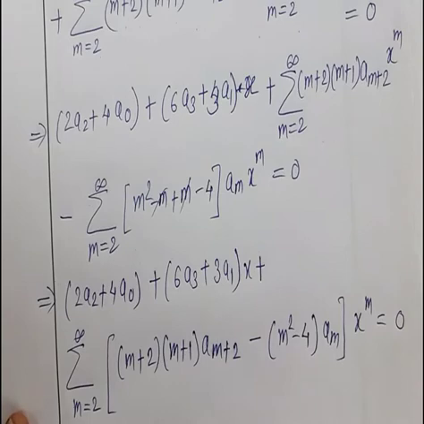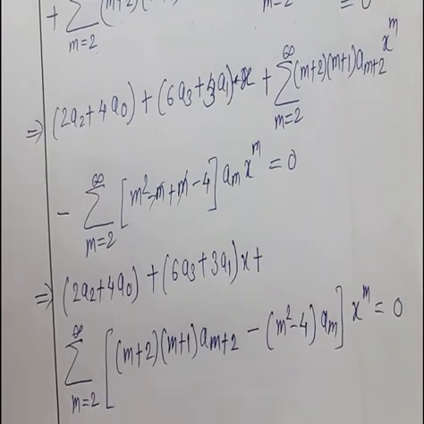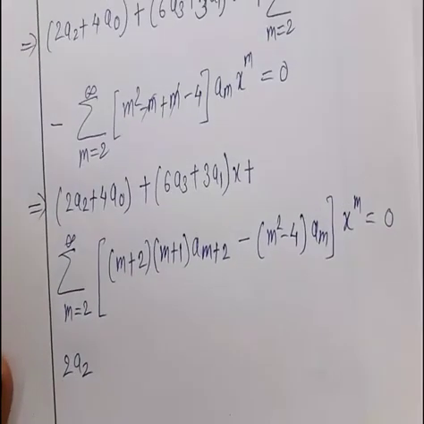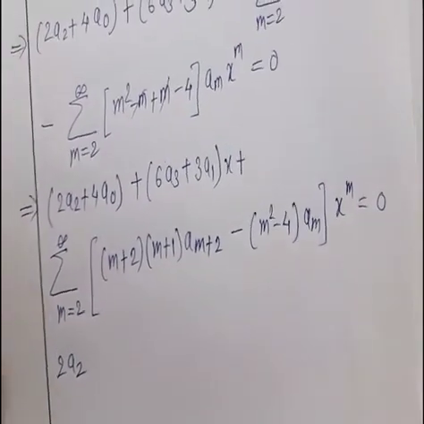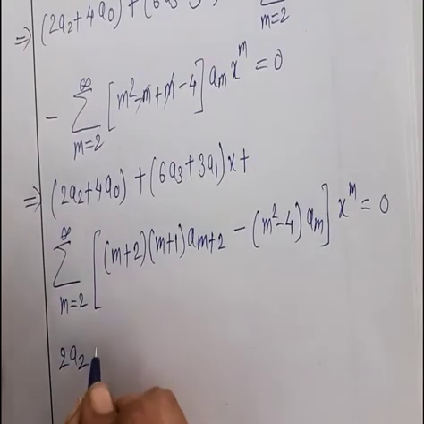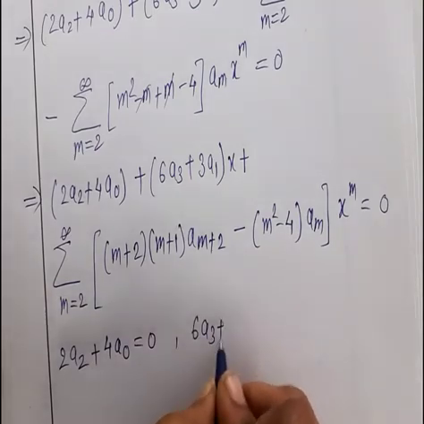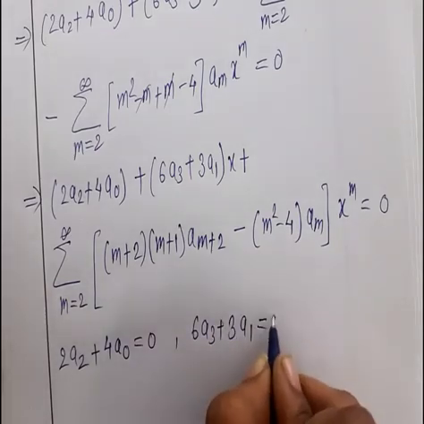Now equating coefficient of x on both sides, constant term first: 2a2 plus 4a0 is equal to 0. Next, 6a3 plus 3a1 equal to 0.